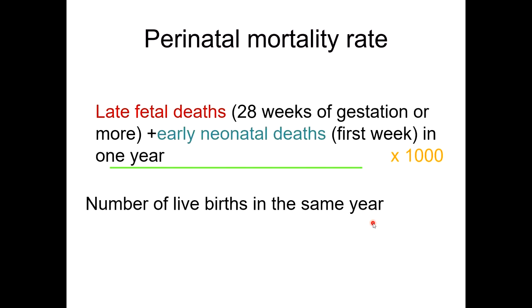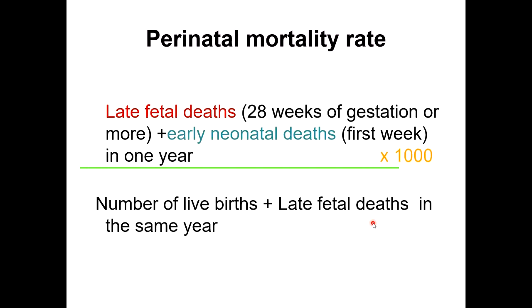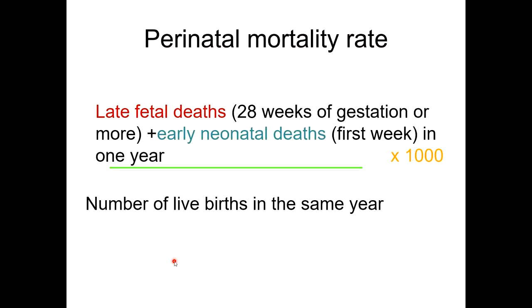But in certain countries where there are poor services and poor management of data, and we do not have the exact number of late fetal deaths occurring in the same year, we use the denominator as the number of live births in the same year, and we can portray it as the perinatal mortality rate.